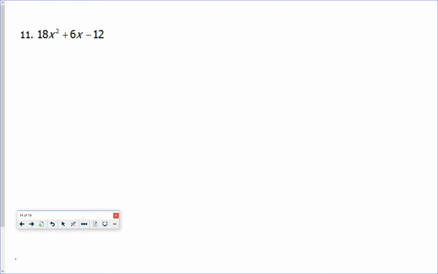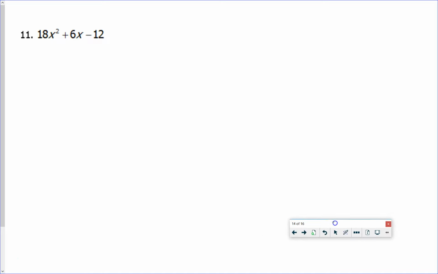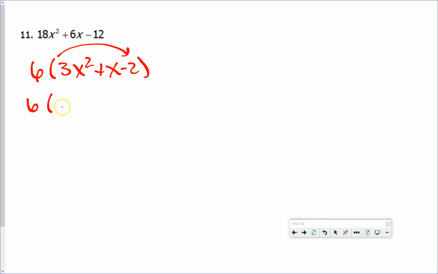All right, so number 11, they started it off by taking a 6 out of the whole thing, giving us 6 times 3x squared plus x minus 2. Then we have to slip the 3 to the end. So then she had 6 times x squared plus x minus 6.